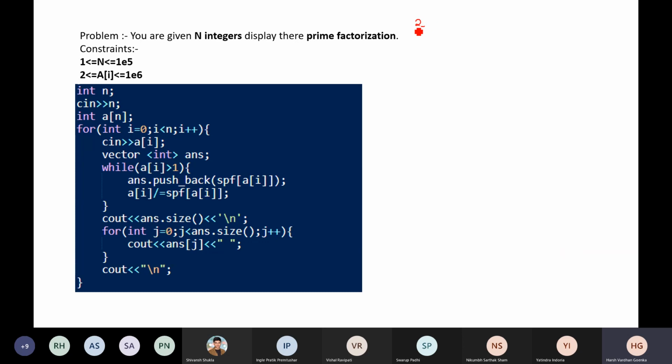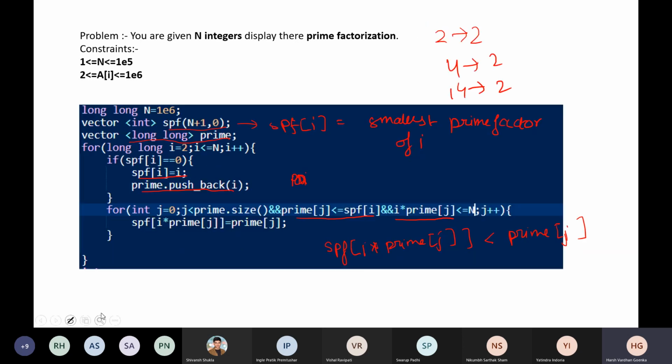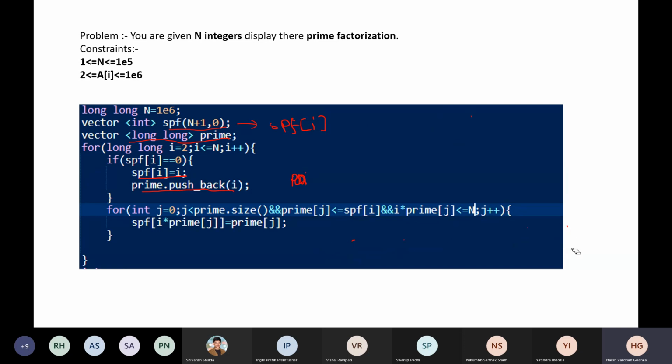So let's do up till 20. First we come to 2, which has not been marked with any smaller prime factor. So 2 is a prime.